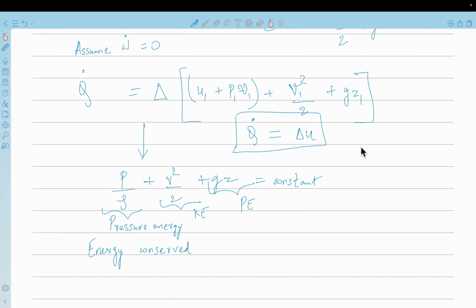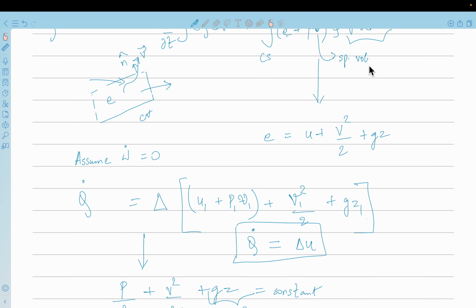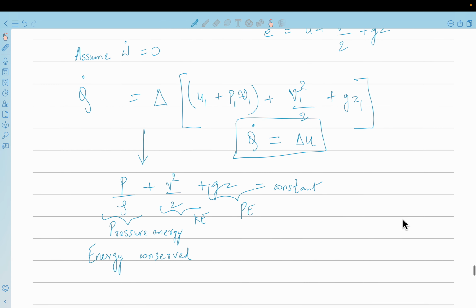But as you may have got a flavor, there are a lot of assumptions that go into the process of deriving this particular expression, and hence we cannot apply Bernoulli's equation everywhere. We can apply it only when these assumptions are satisfied. So initially we derived it from Euler's equation, assuming steady flow and streamline.